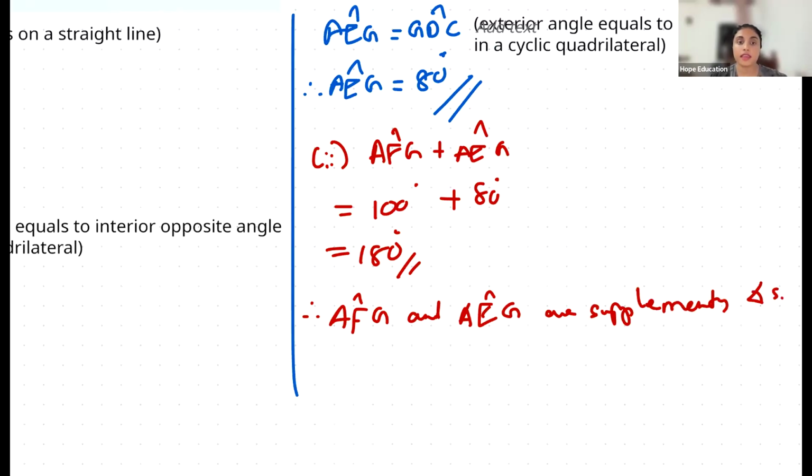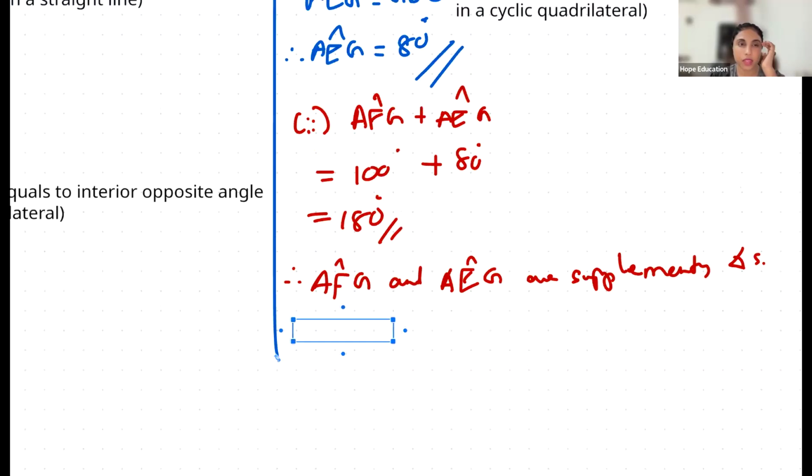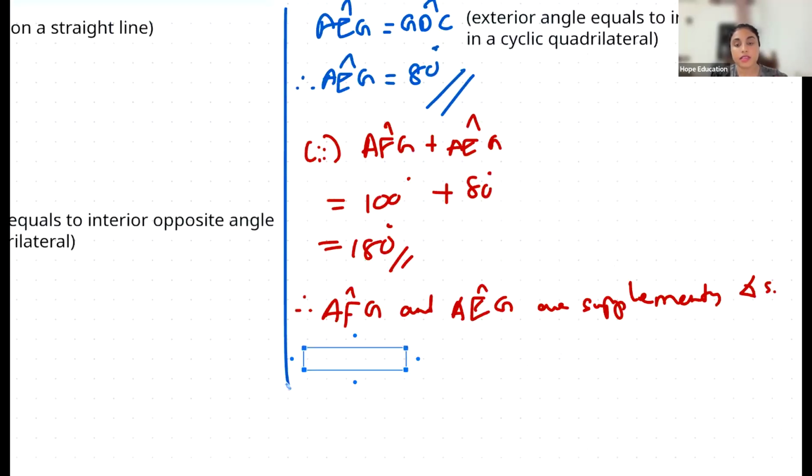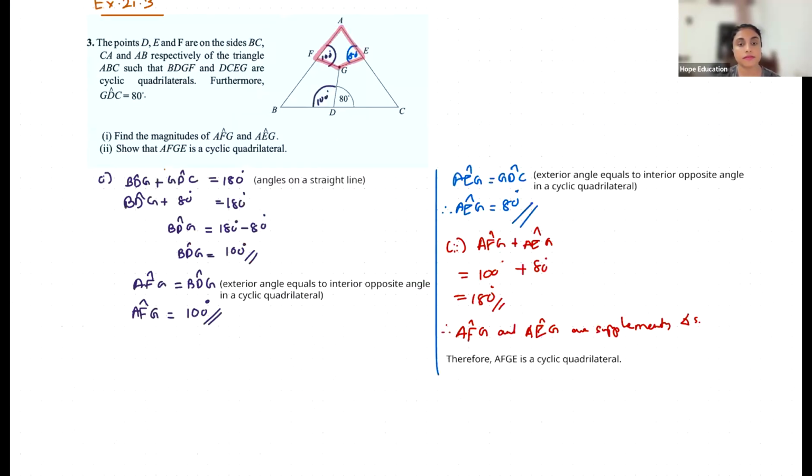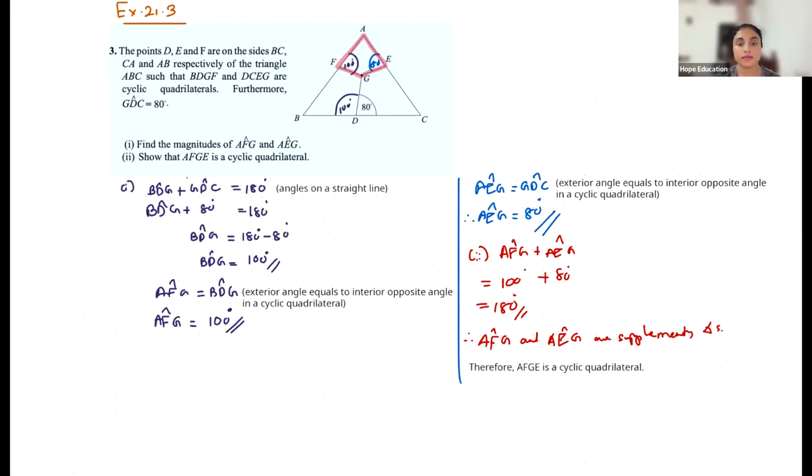So we can say, therefore, quadrilateral AFGE is a cyclic quadrilateral. Is that clear, Amai? Others? Senate, Newmi?